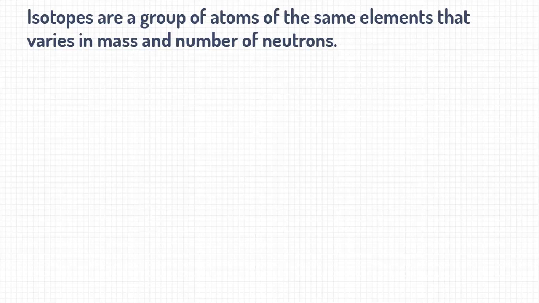Well, we know that the atomic number equals the number of protons. If we change the protons, we're changing the element itself because it's changing the atomic number. And each element has its own unique atomic number. So that's why isotopes have different numbers of neutrons.